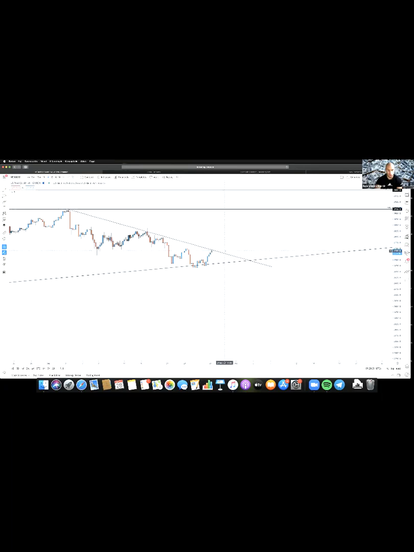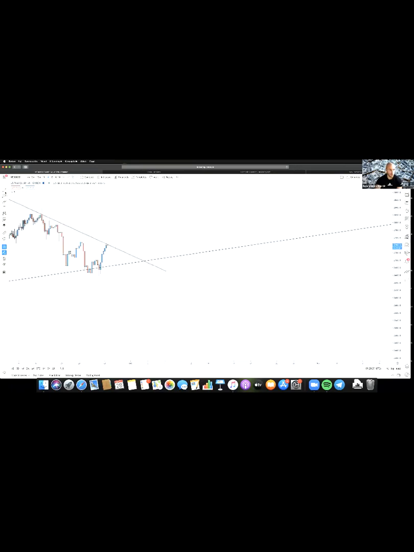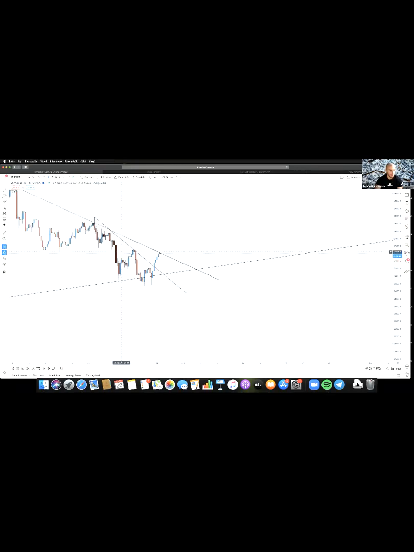Okay, it's looking perfect. Let's try the most recent one. Try here. It's also looking good. So basically we can find on this level a really strong support and resistance level.